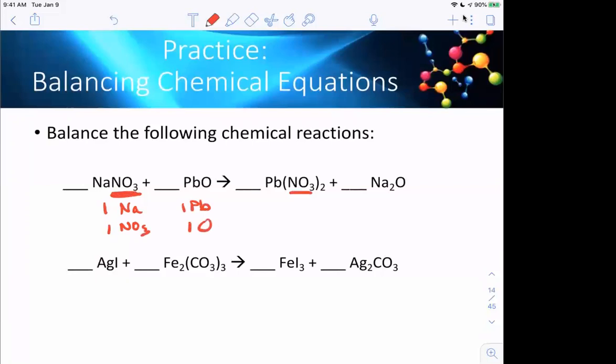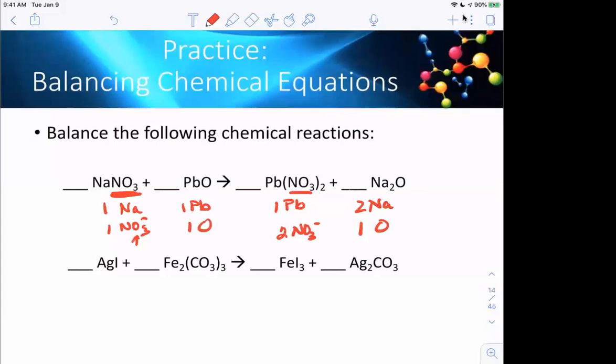I don't count the oxygens in the nitrate because they're here. On this side, I have one lead, I have two nitrates, I have two sodiums, and I have one oxygen. My sodium and my nitrate are not balanced.